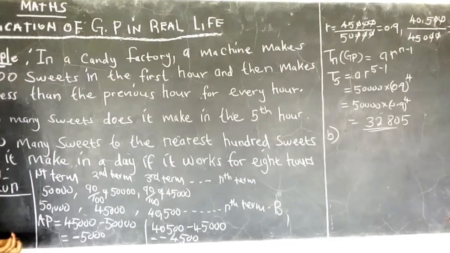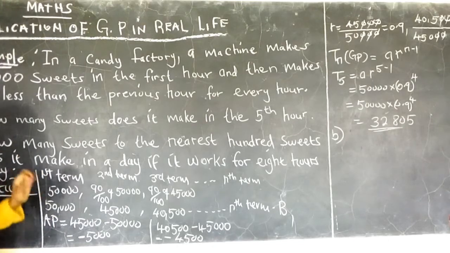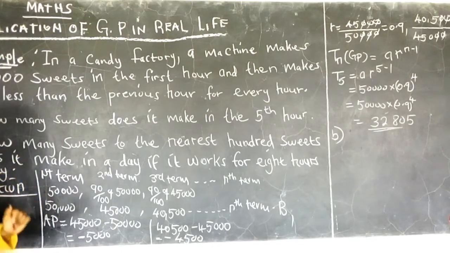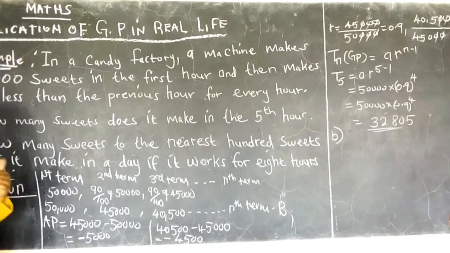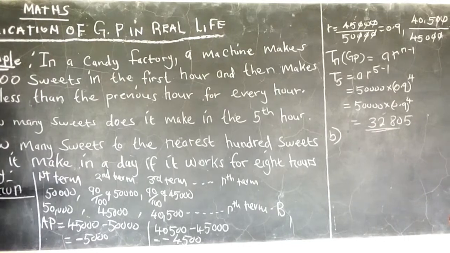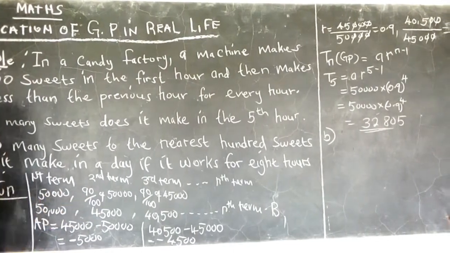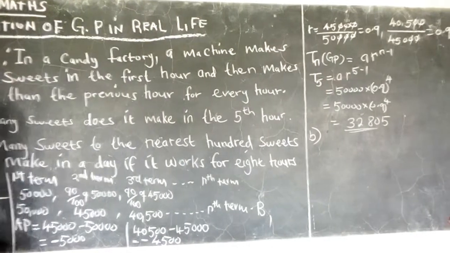But now, because we have a formula, we are going to use the formula for finding the sum of n terms of a geometric progression. The other method is tedious and time consuming.